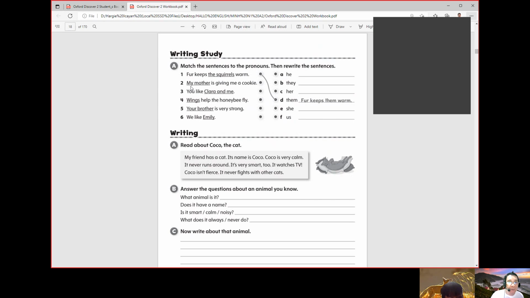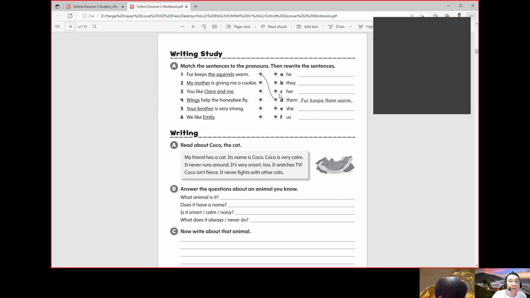Okay. Number two. Can you read this one, Min? My mother is giving me a cookie. Okay. So the underlined word is my mother. What do you think would be the pronoun that we are going to replace the subject, my mother, with? Letter C. Okay, what would be the best sentence for that?